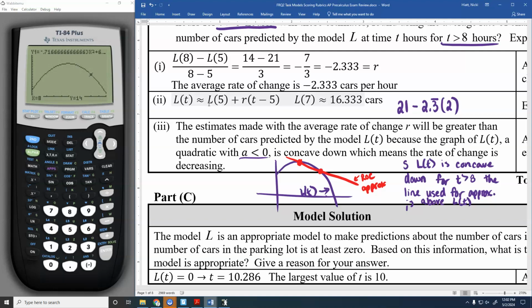And then you use that conclusion, the average rate of change will give you a greater estimate for that. Okay, questions on that?